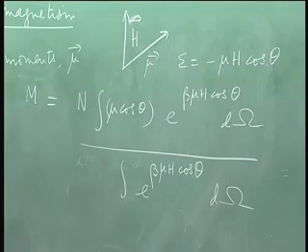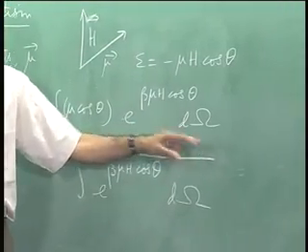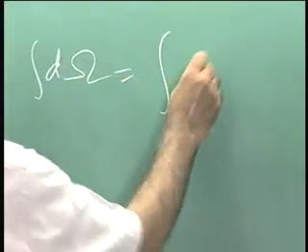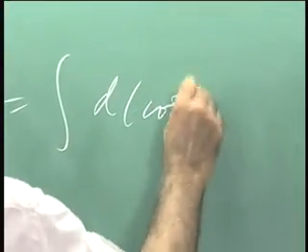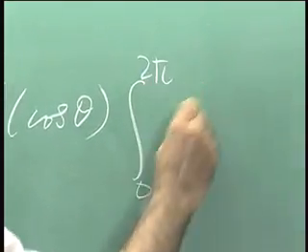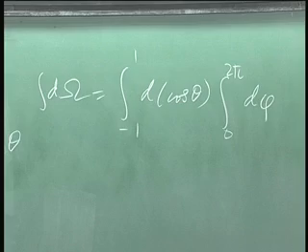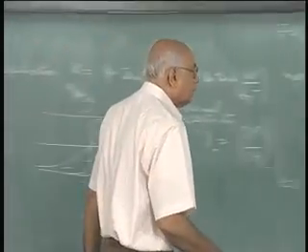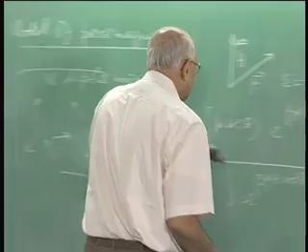What's d omega? Yeah, so integral d omega really stands for integral d cos theta from minus 1 to 1, integral 0 to 2 pi d phi. It is sin theta d theta from 0 to pi, but I like to write it as d of cos theta from minus 1 to 1, that is what it is. Makes life easier, so let us do that.